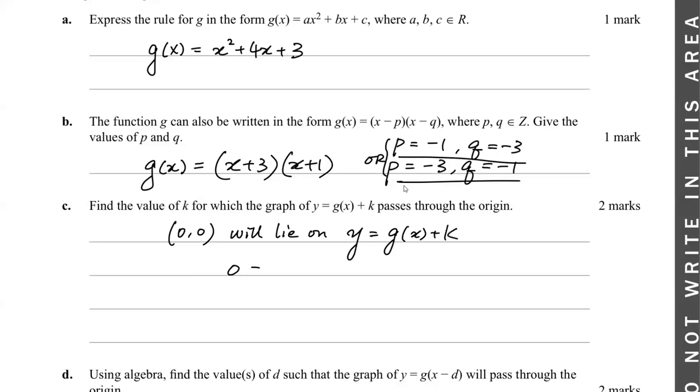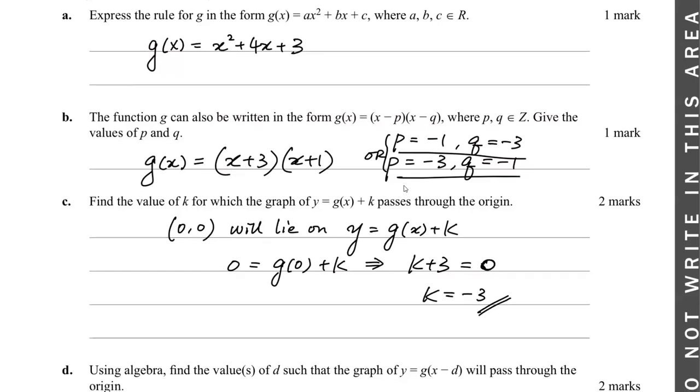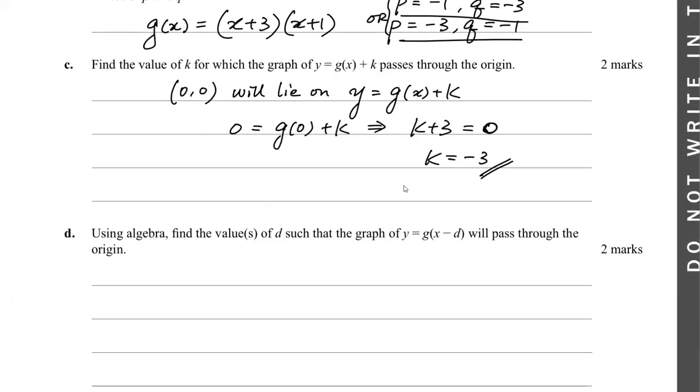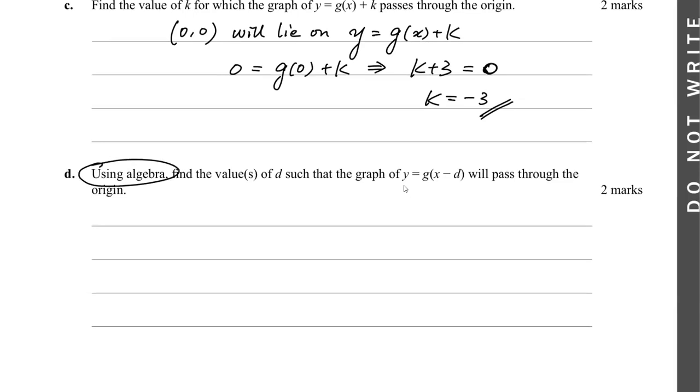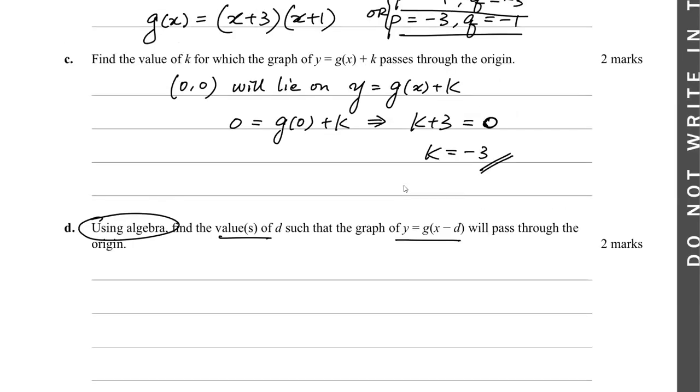So 0 equals g of 0 plus k, which means k plus 3 equals 0, and k is minus 3. Ooh, fantastic. An excellent year 11 methods question. Finally, using algebra, find the values of d such that the graph of y equals g of x minus d will pass through the origin. Okay.